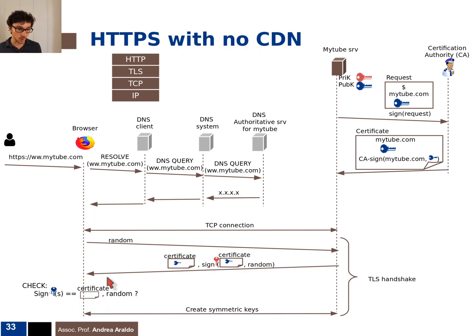But first, what the browser will do is to read the certificate and see if it has been signed by a trusted certification authority. That is what happened at the beginning. If the browser finds a signature of a valid certification authority, then that's okay. The browser will trust the node on the other side and it will start to exchange data by first exchanging keys for symmetric encryption.